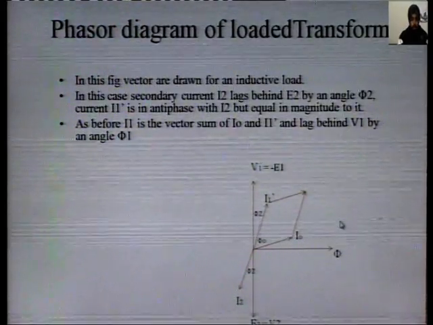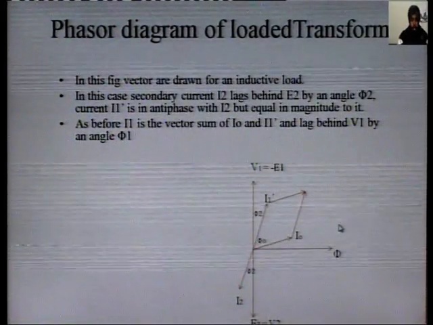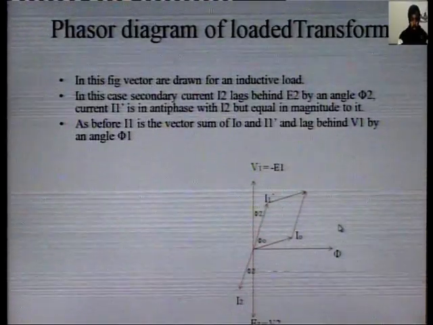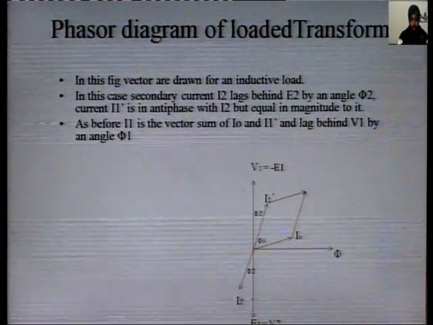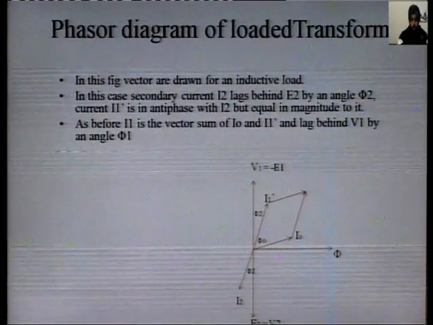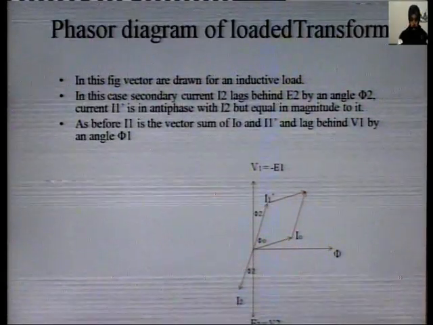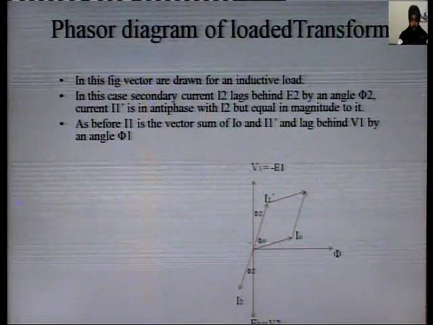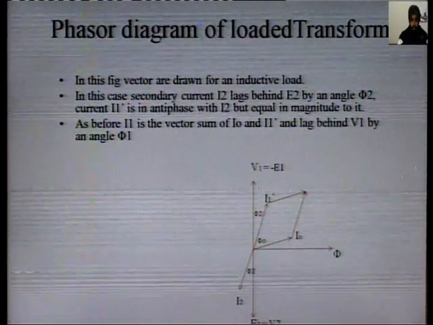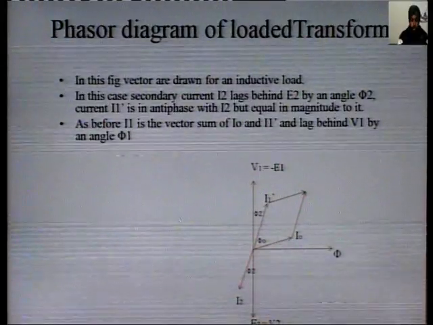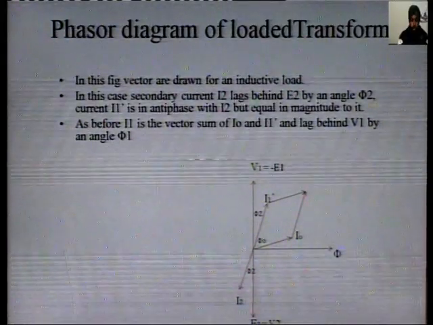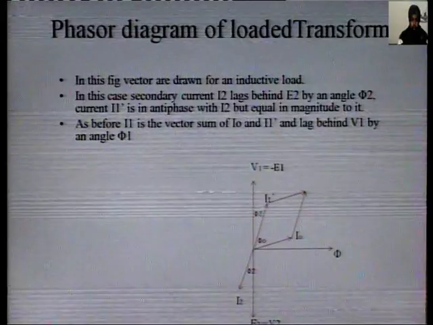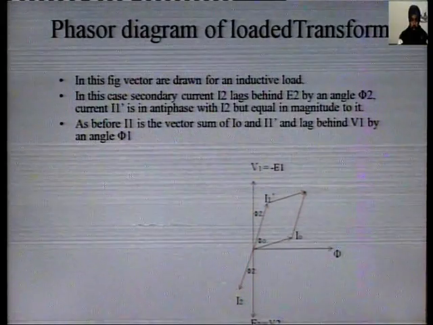In this figure, vectors are drawn for an inductive load. In this case, secondary current I2 lags behind the voltage E2 by an angle phi 2. Current I1 dash is in anti-phase with I2 but equal in magnitude to it. As before, I1 is the vector sum of I0 and I1 dash and lags behind V1 by an angle phi 1.